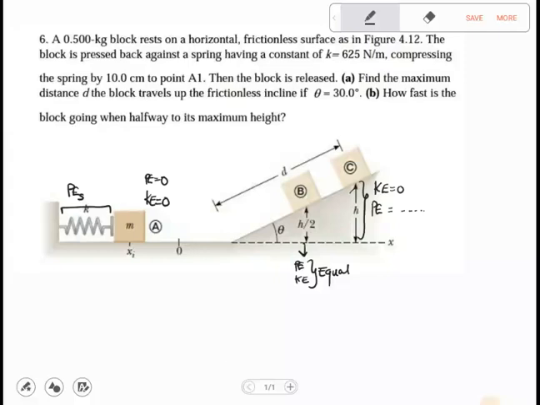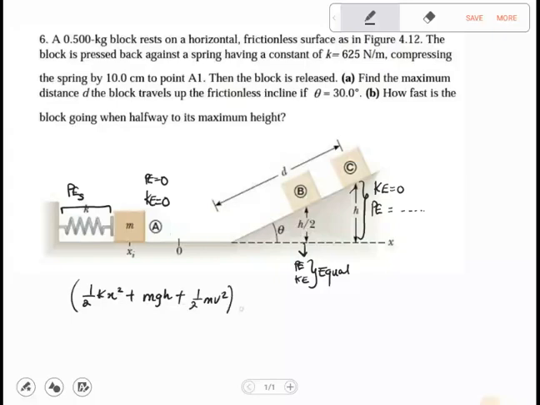Now we can break this down. We have final and initial, where it's starting from and where it's ending. So we have spring potential energy, which is given by half kx squared, plus potential energy, mgh, plus kinetic energy, which is half mv squared.